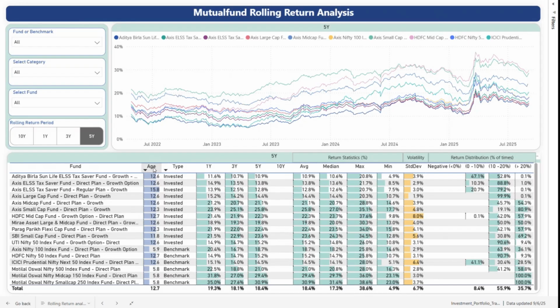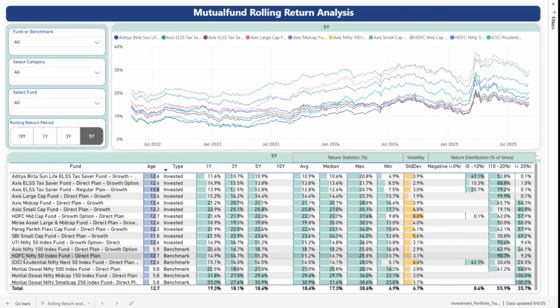The total age of this fund from when it started, and type indicates whether this fund is one you invested in, and the benchmark indices means we have considered this fund as a benchmark fund. One other important thing: the benchmark we compared in the portfolio versus benchmark views, we have taken another index mutual fund. Okay, always remember that.